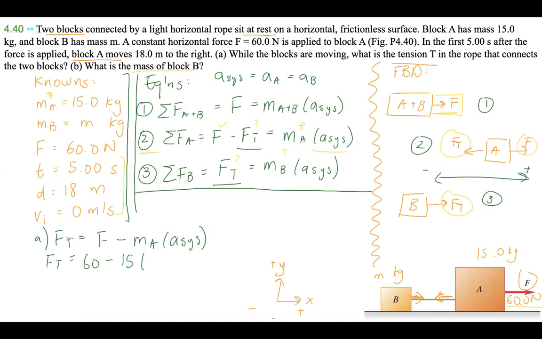So how do we get the acceleration of the system? Remember, we have these 3 pieces of information that can help us. Let's use our kinematic equation to solve for the acceleration.